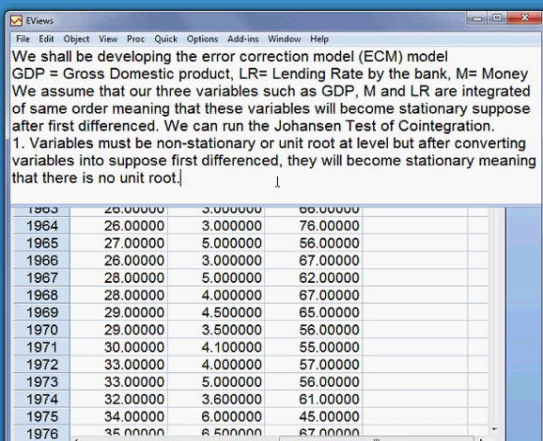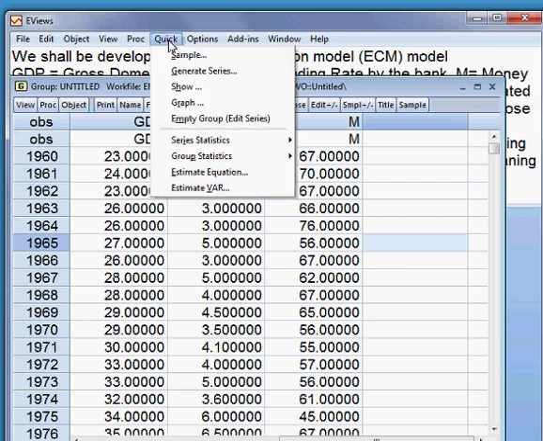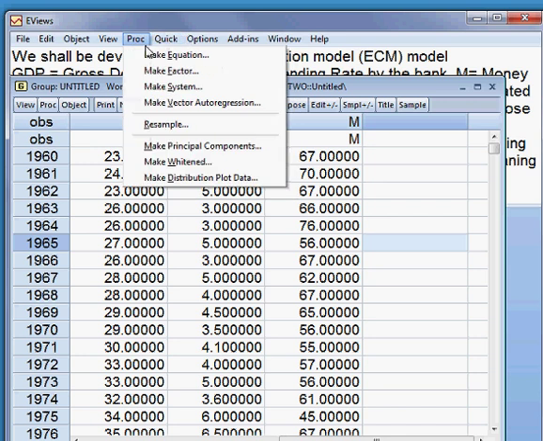Okay, and here suppose we assume that our three variables such as GDP, LR and M become stationary after first difference. Suppose we assume, without checking, without testing. So now we can run the Johansen test of cointegration.